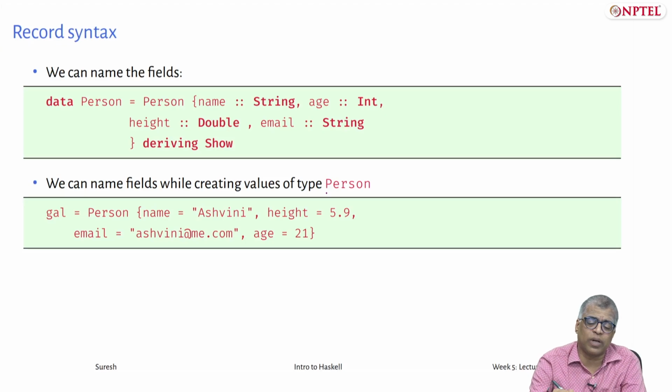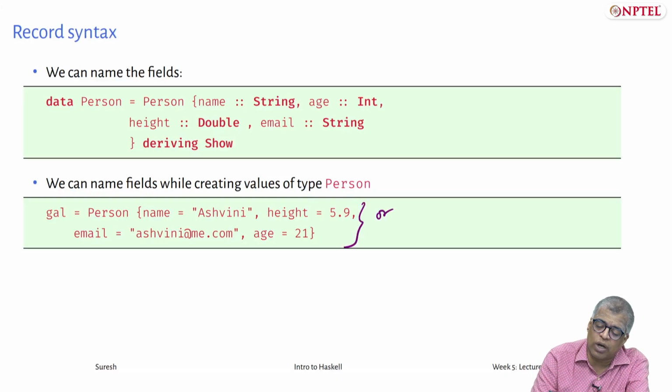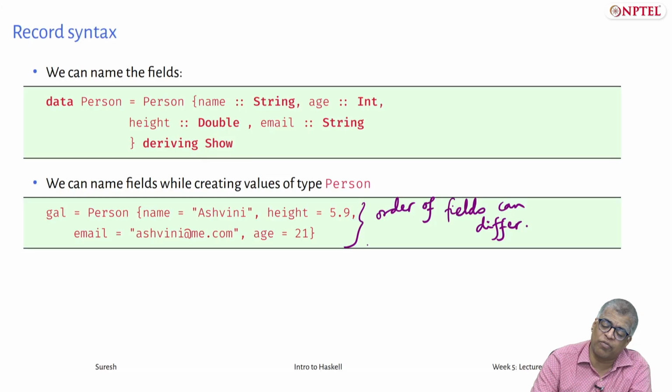We can name fields while creating the value of type person. So you will say gal equal person with name equal to Ashwini, height equals 5.9, email equals ashwini@me.com, age equals 21. Note that the order of fields can differ, because you are naming each field, named fields.